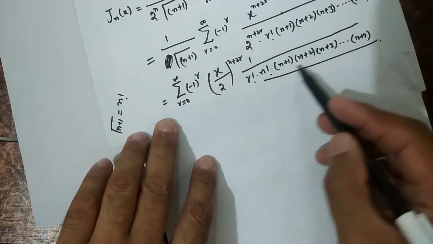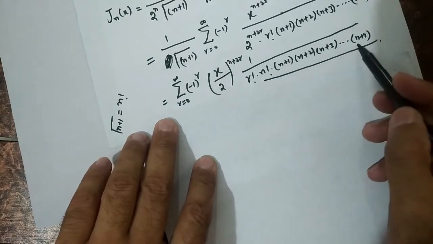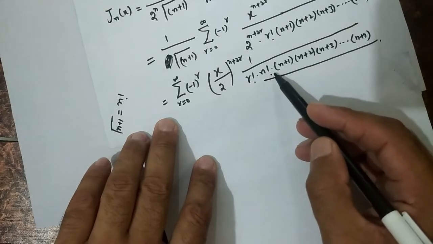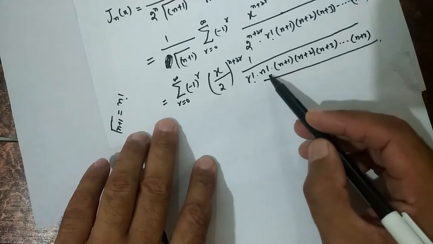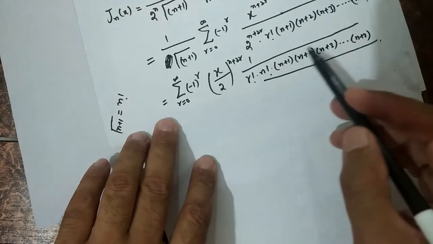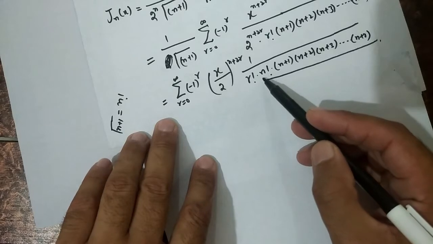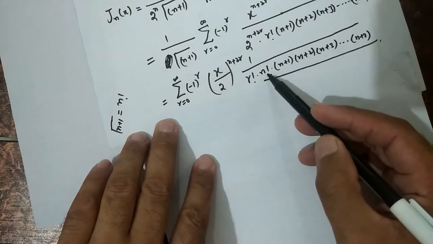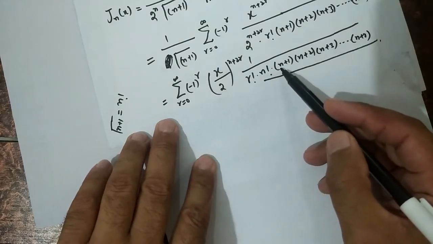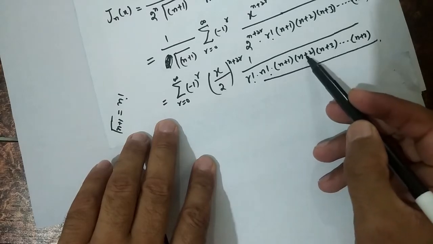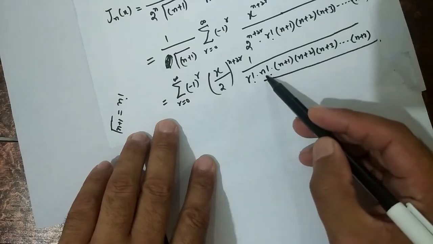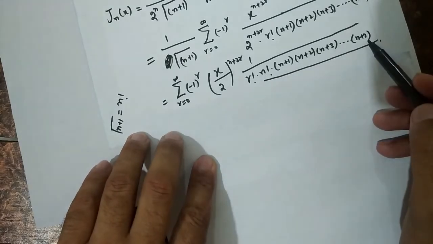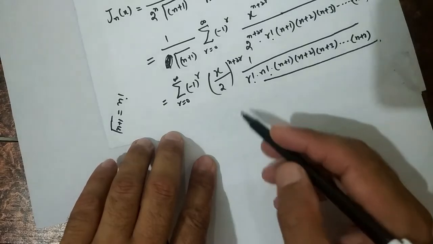This series is equal to n plus r factorial, because you can see that here it is n factorial, and n factorial is 1, 2, 3, 4 up to n. Clear? 1 multiplied by 2 multiplied by 3 up to n, and then it is increasing, n plus 1 into n plus 2 into n plus 3. So this whole term from n factorial up to n plus r is equal to n plus r factorial.